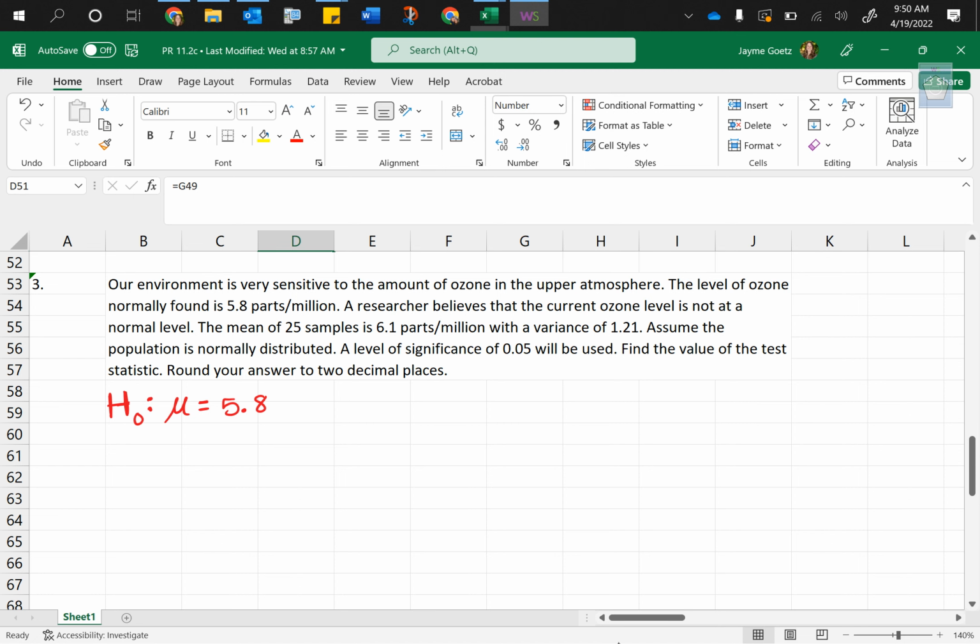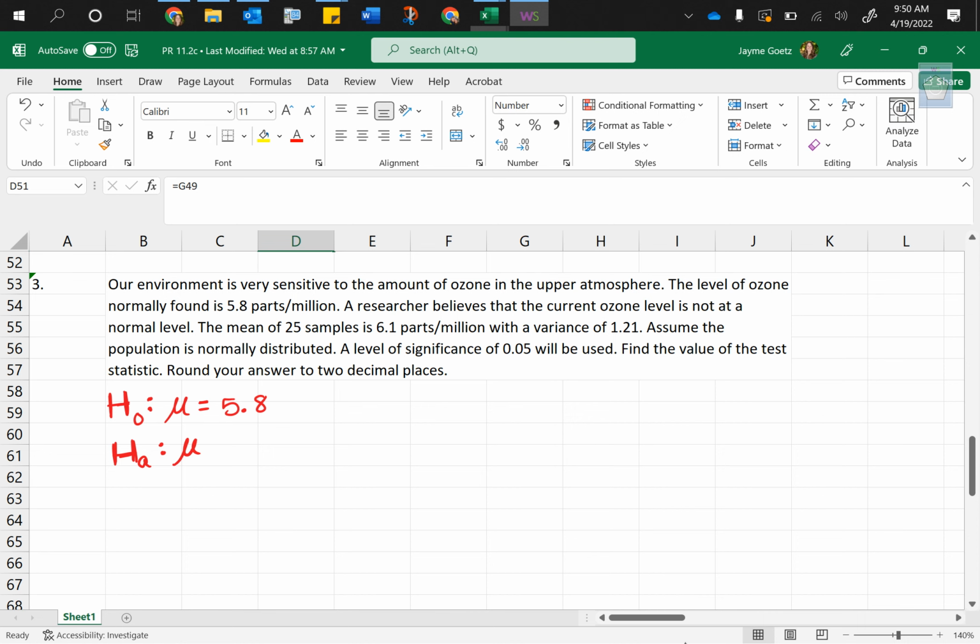Yeah, it says the researcher believes that the current ozone level is not at a normal level. Did it say greater than or less than? It literally just said not at. So that means that it's not equal to 5.8, which right off the bat tells me what kind of test this is going to be. A two-tailed test. Very good.